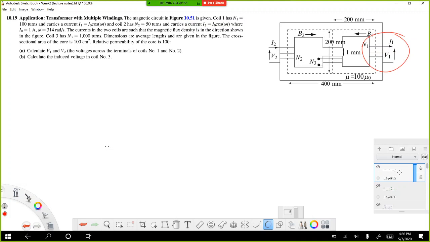The cross-section area of the core is 100 square centimeters. Relative permeability of the core is 100. Calculate V1 and V2, the voltages across terminals of coils number 1 and number 2. Calculate the induced voltage in coil number 3.